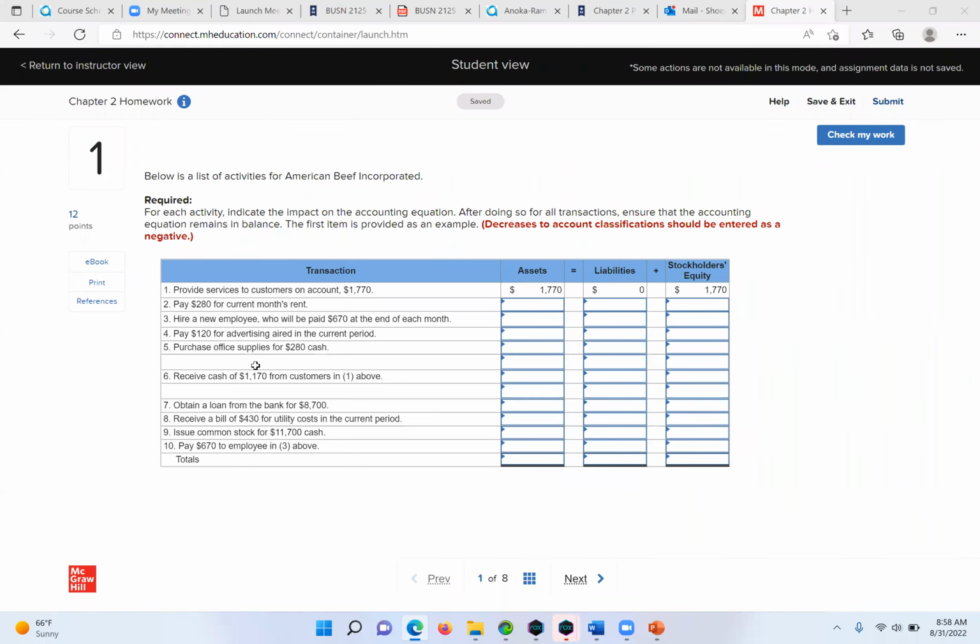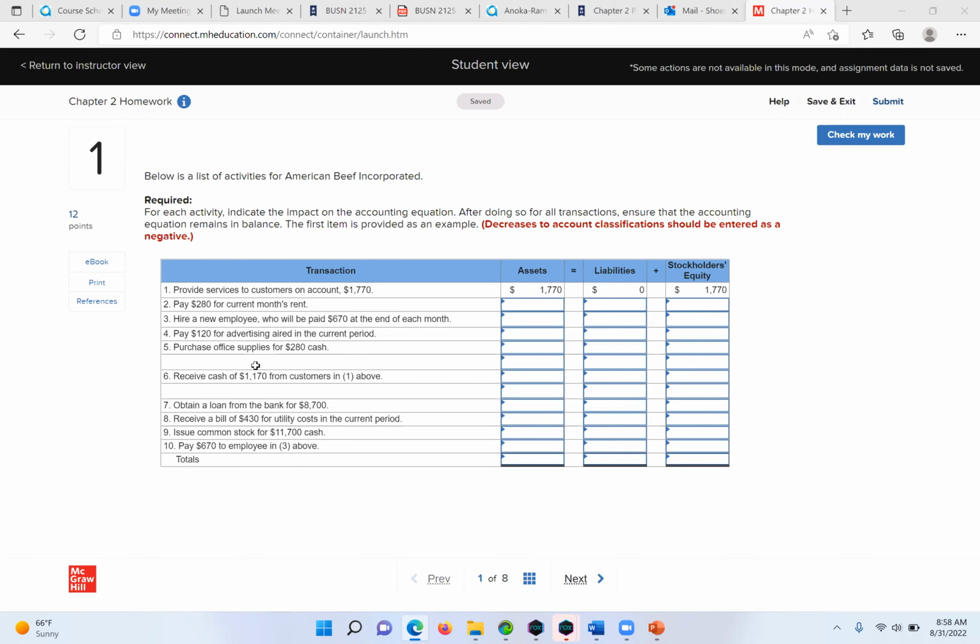What do you think about this number 1? Here, let's take one first. We provide services to customers on account for $1,770. What that means is we provided a service, but they owe us the money. We're due the money. We will receive the money. This isn't where we owe someone the money, they owe us the money.